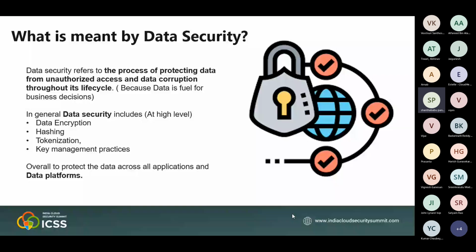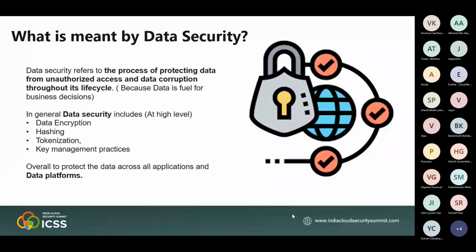When you are driving through data, the data needs to be secured until I give a decision to the end user. Not only that, I need to continuously give data security for my data. Then only my application, my product will be stable in production, and the customer will be happy.